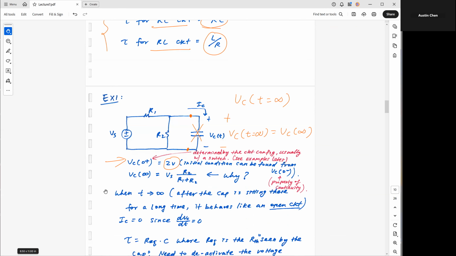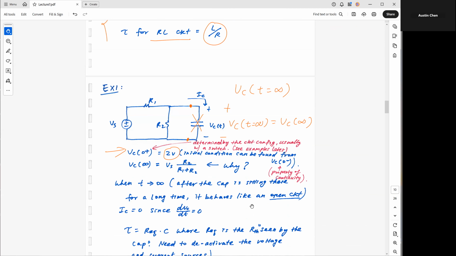It's the same explanation I gave you earlier: when t goes to infinity, the cap has been sitting there for a long time, dVc over dt is equal to 0, therefore IC is equal to 0. No current can pass through an open circuit, and therefore this capacitor behaves like an open when it has been sitting there for a long time. So we found VC at infinity.